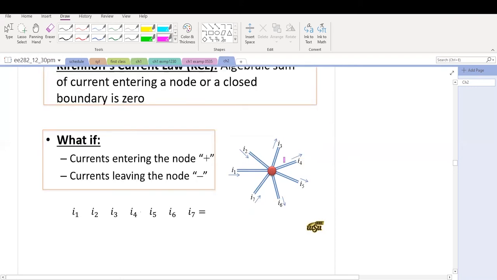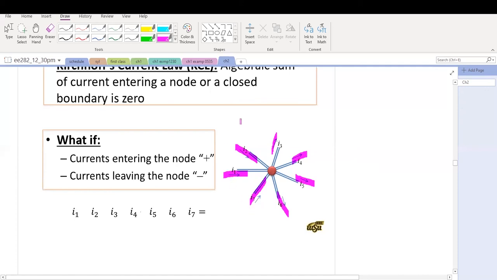What about currents with different directions here? So we have I1 flowing into, I2 flowing into the node, I3 flowing out of this node, I4 flowing out, I5 flowing out, the same for I6, and I7 flowing into the node.